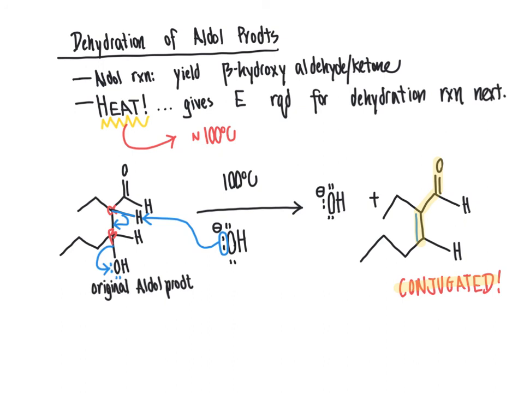We'll also look at what we refer to as crossed aldol reactions, which are where we are using two different aldehydes or ketones and reacting those with one another, in contrast to what we learned here, which was where we were reacting two identical aldehydes or ketones with one another. And so the next video will continue onward, looking a bit deeper at these aldol reactions.